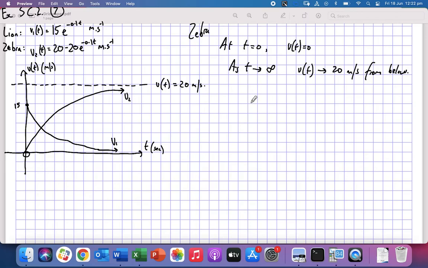I suppose we could also show that for values greater than 0, the velocity can never be 0 and can never be negative. So we could inspect these functions and say we're never going to get a negative velocity from the function. For example, the lion.